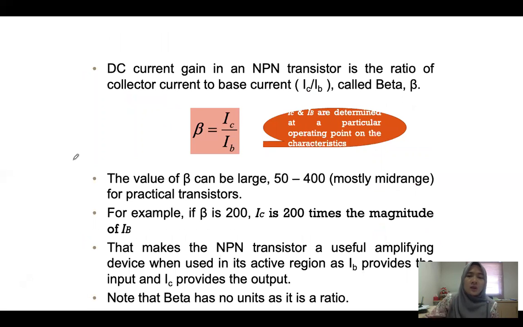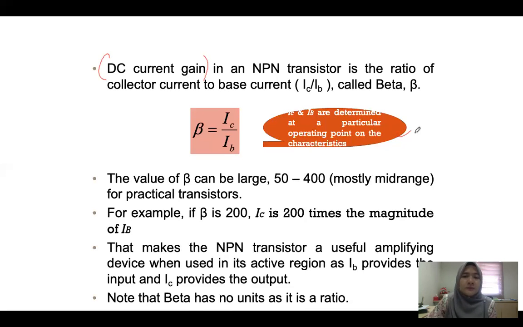If the question asks you to calculate the DC current gain, it means it asks you to calculate the beta. And the formula is beta equals IC over IB. This IC and IB are determined at the particular operating point on the characteristic. Later you will understand when we do the examples.